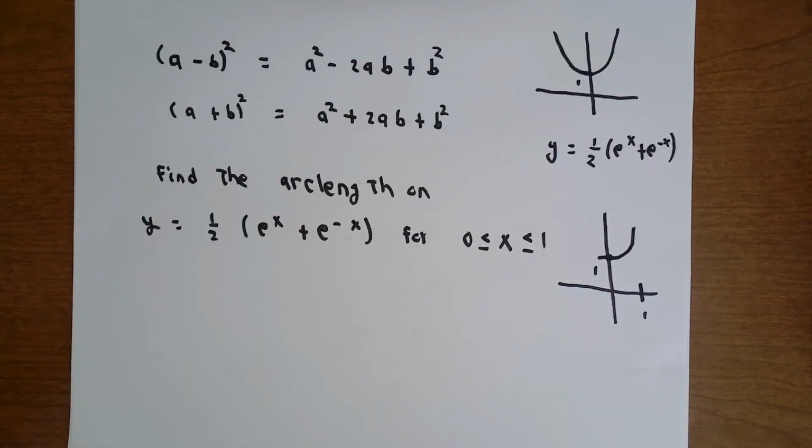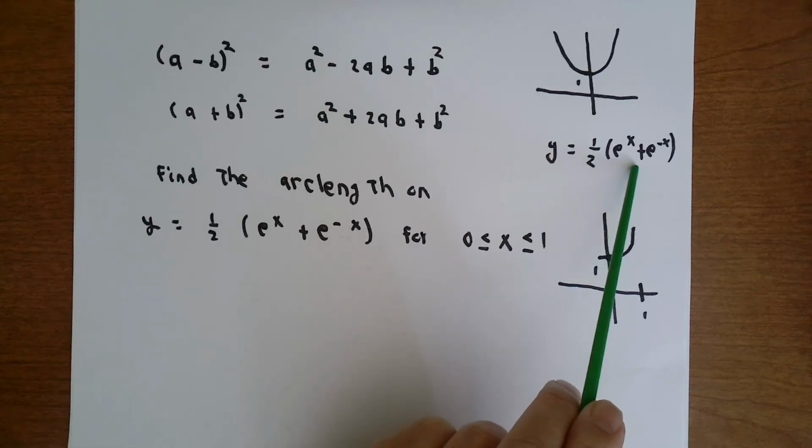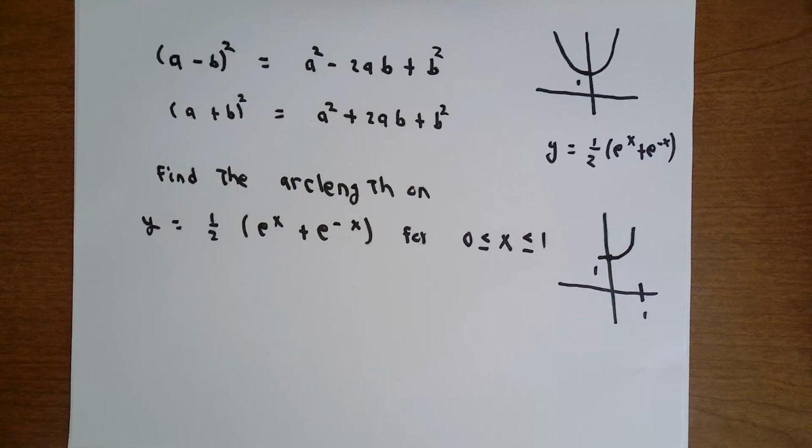I want to think about the graph y equals 1/2 times e to the x plus e to the negative x. Those of you who know your special functions will recognize that as the hyperbolic cosine, but we won't talk about that at the current time. I'd like to find the arc length along this curve starting at x equals 0 and ending at x equals 1.